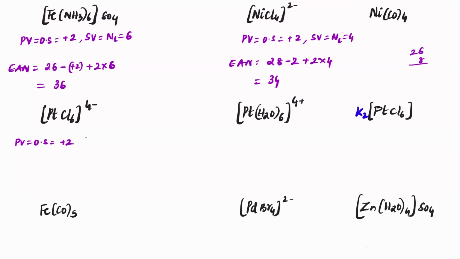Check. Secondary valency or the number of ligand connections is 6. So EAN value in this case will be equal to platinum, which is 78, minus oxidation state 2, plus 2 times the ligand connections. So this is 76 plus 12.